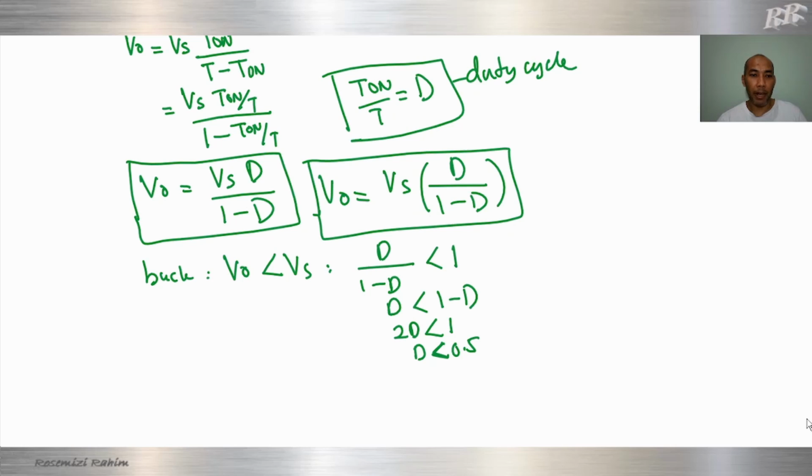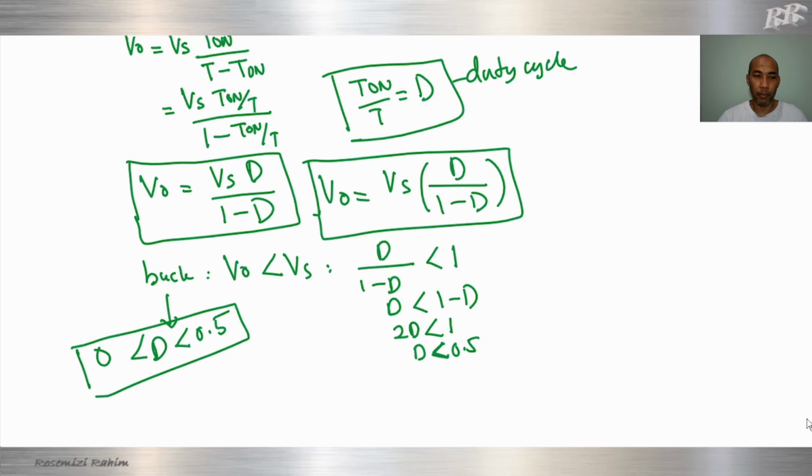So it means that for buck converter, D is less than 0.5, greater than 0. Okay, that's for buck.